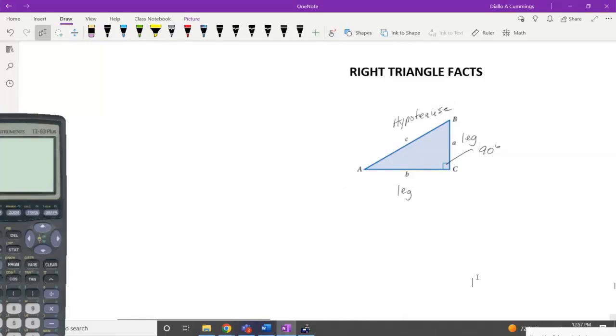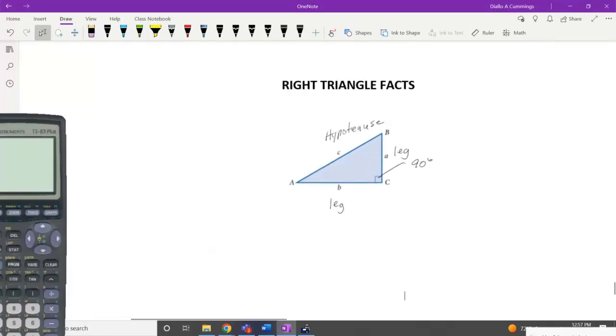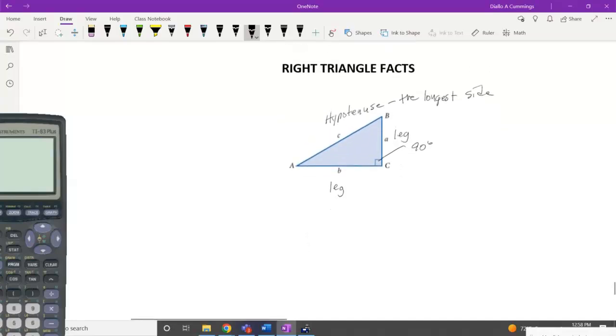The hypotenuse of any right triangle is always opposite the right angle. Another fact about the hypotenuse is that it's the longest side of any right triangle. So two legs and a hypotenuse, and it must have a 90-degree angle. The hypotenuse is always the longest side.